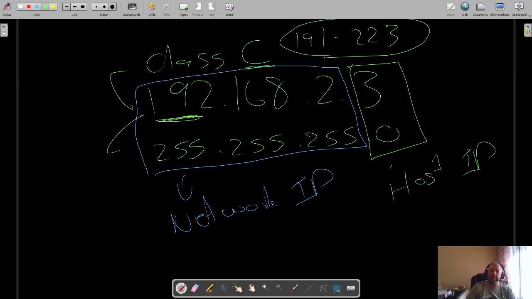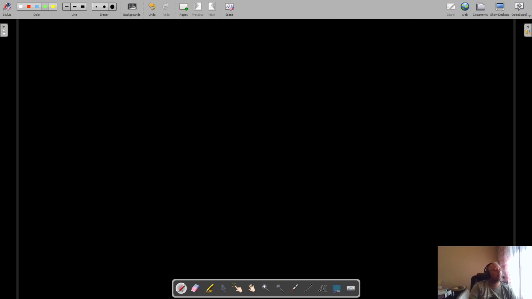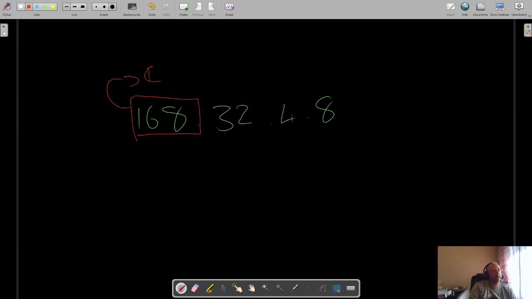Okay. Let's take another example. Let's take 168.32.4.8. Again, by looking at the first octet, I can tell you that that is a class B because it falls between 128 and 191.